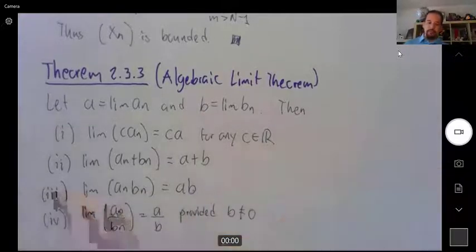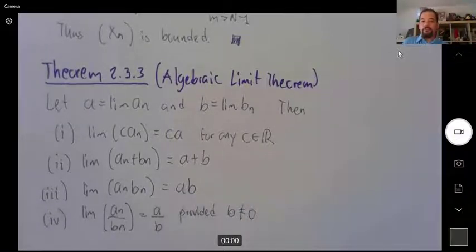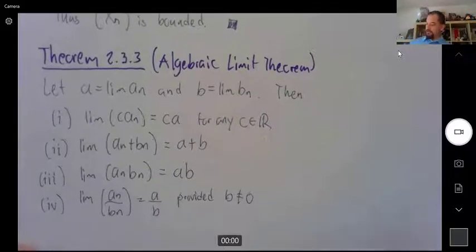Provided you don't divide by 0, right? Otherwise, the expression on the right is undefined. Okay? So those nice properties you know about limits of sequences are true, in other words, right? So you can take the limit of a sum by interchanging the order of operations, the same with product and quotients and multiplication by constants.